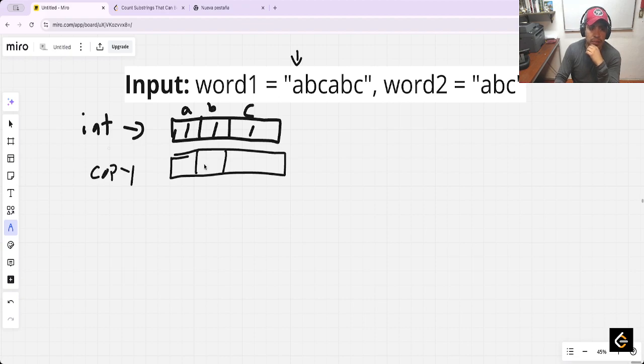Copy, for example, and in this case A appears 1, next is B, next is C. In this moment, we have the same length in both, the same frequency in letters. Now, in this case, we know that this is the first subarray.